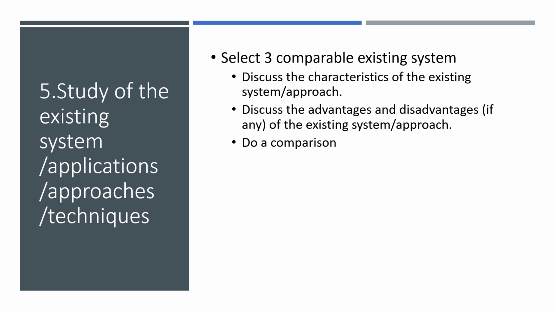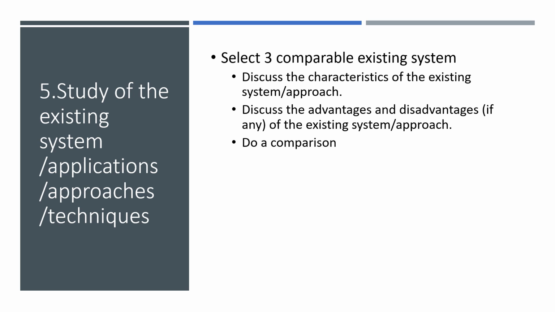Discuss the characteristics, then discuss the advantages and disadvantages, and do a comparison. It is advised for you to find a system that can be easily accessed, so you can know the whole operation of the system.